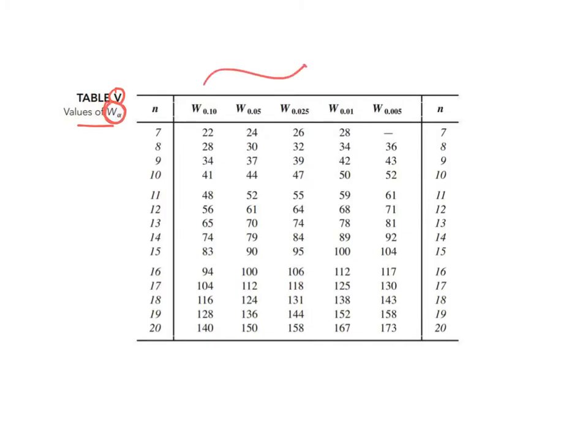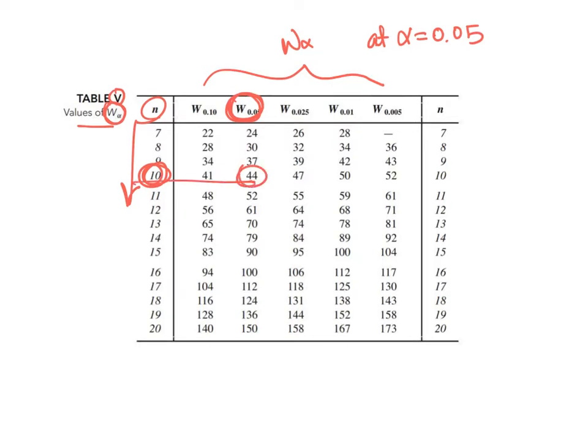So here's the W with the alpha, right? I gave you alpha is 0.05. So here's W with 0.05. And here's the sample size. Actually we had a sample size of 10. And the critical value here is 44.